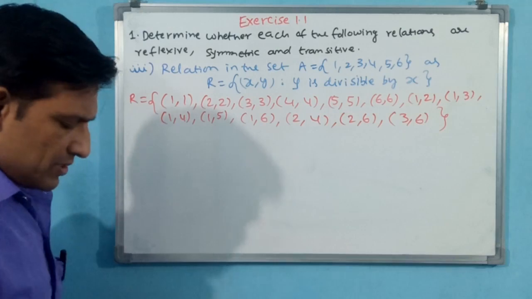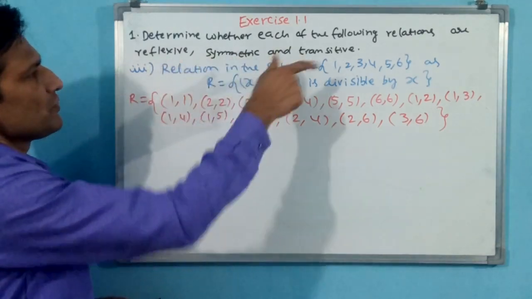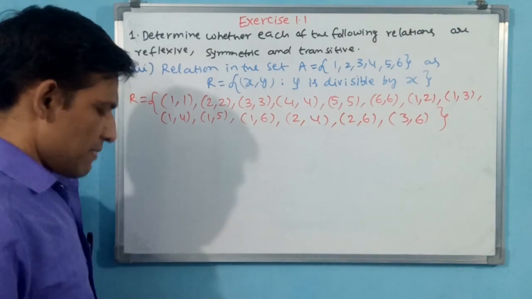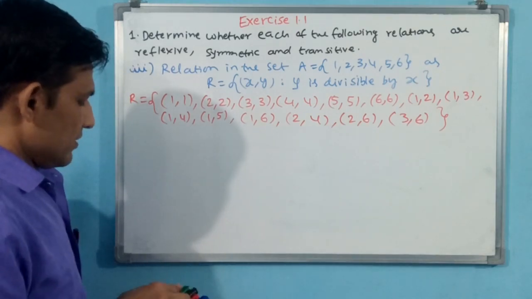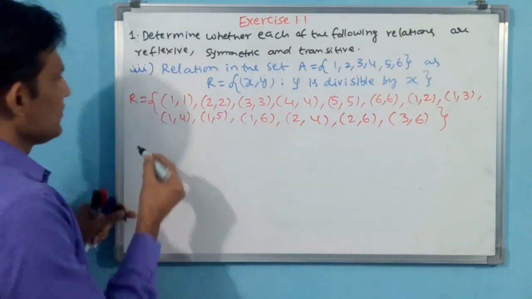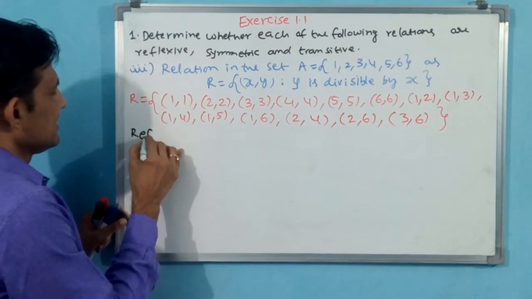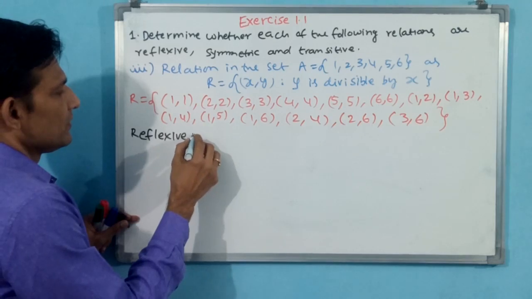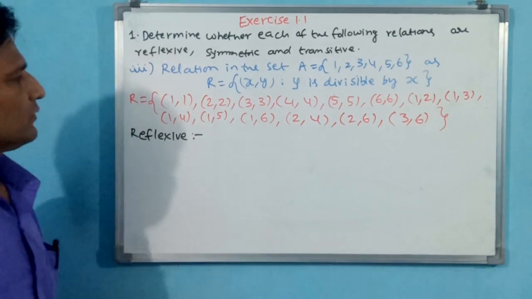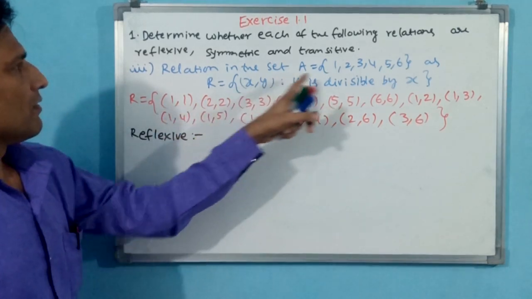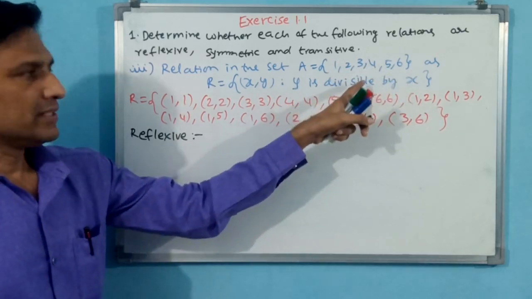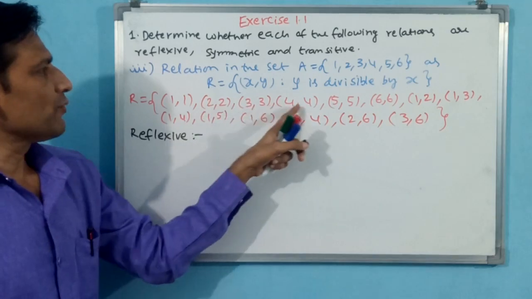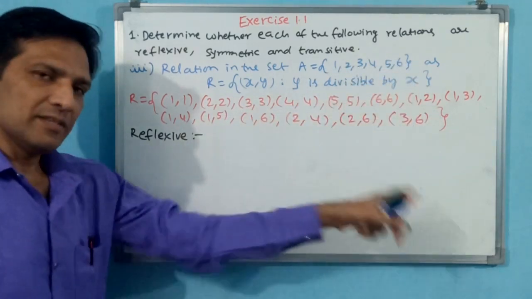Okay. Now we see each one: reflexive, symmetric and transitive. I am writing first reflexive relation. Reflexive. See, 6 elements are there. Each one is having 1, 1, 2, 2, 3, 3, 4, 4, 5, 5, 6, 6. That is why this is reflexive.